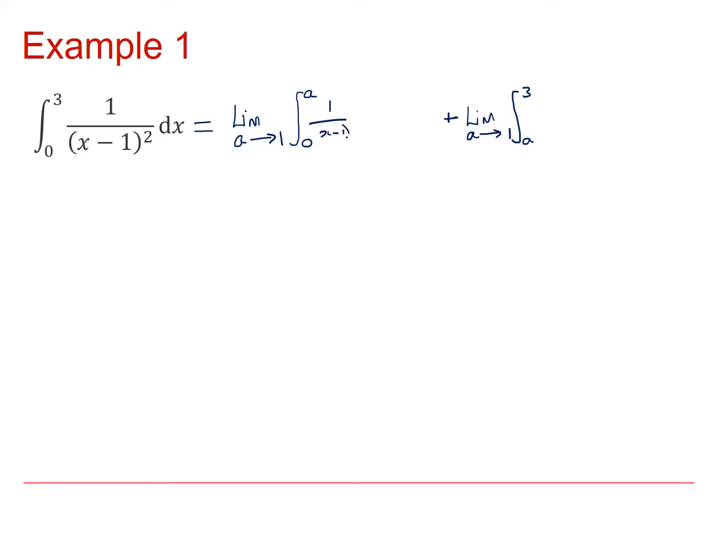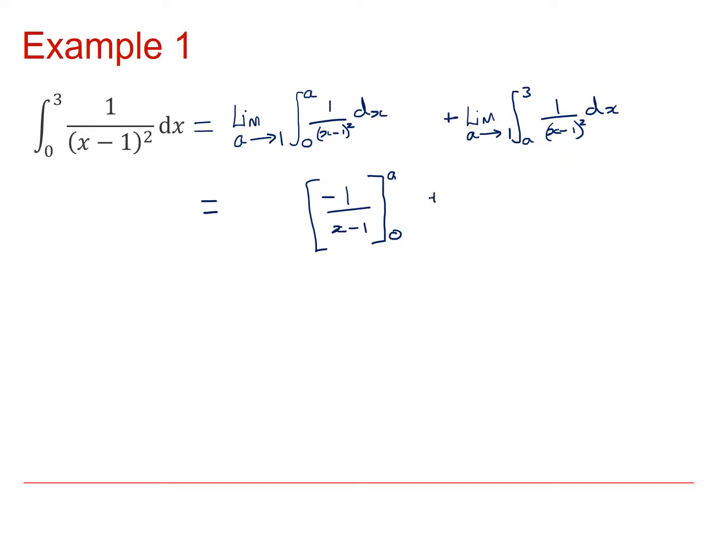So this is 1 over (x minus 1) all squared dx, and this is 1 over (x minus 1) all squared dx. Well, the integral of 1 over (x minus 1) all squared is equal to minus 1 over (x minus 1). And for the first part, it's going to be evaluated between 0 and a.